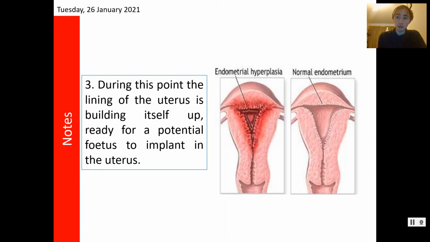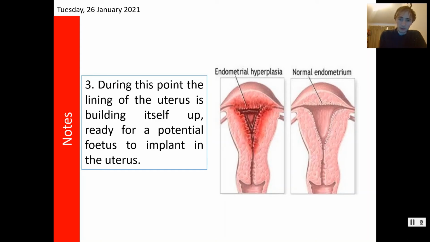And so throughout the menstrual cycle, from about day 7 to about day 28, we're building up the lining. And this continues from about day 16, when the egg dies, all the way round to day 28. And as I say, it's just to provide nutrition for the embryo to implant itself in the uterus.